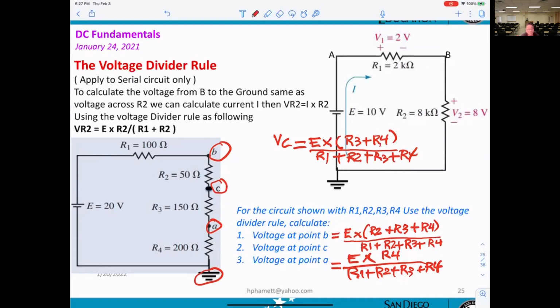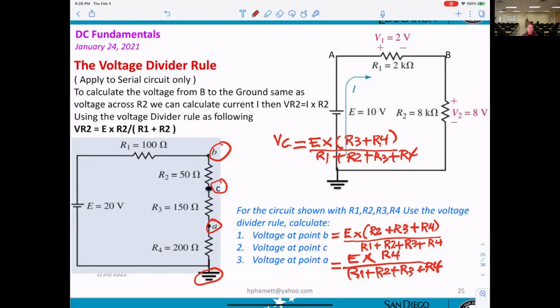VB means only a single point. Normally, when you measure the voltage, you need the high side and the low side on your meter. So when they say only VB, the high side has to be connected to B, but the low side, you cannot connect to C. You must connect it to common, to the ground. You have to understand that.